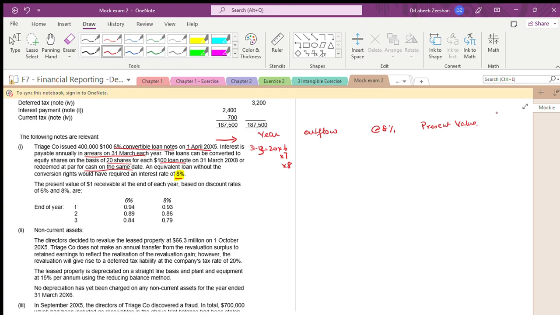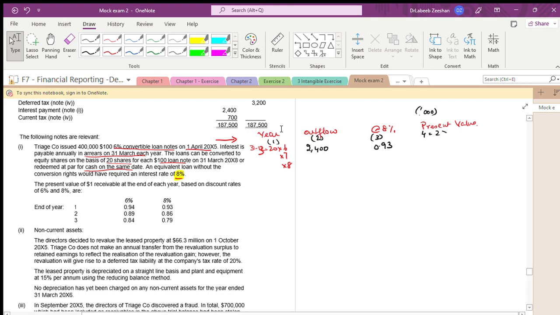Cash outflow is what we have calculated just now: 2,400, in thousands. At the rate of 8%, the factor is 0.93. This is column 1, column 2, column 3 and column 4.